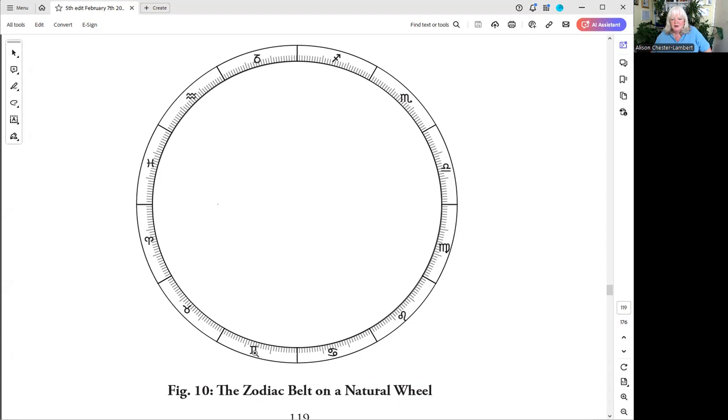So we've got Gemini here, and then 1, 2, 3, 4 Libra, and 1, 2, 3, 4 Aquarius. And again, you can go like that. And then finally water. And Cancer is there, and it goes to Scorpio, and it goes to Pisces, like that. Okay.